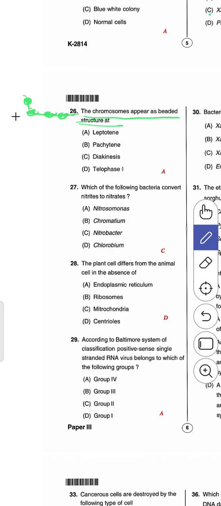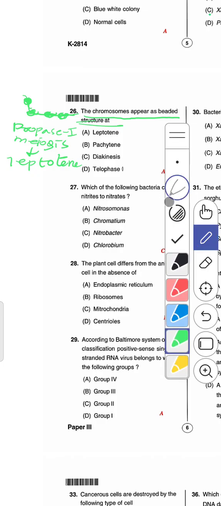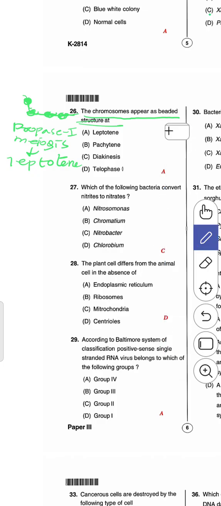So where you will see this kind of structure, that is during the prophase 1 of meiosis, in the leptotene stage. During this leptotene, we will come across a beads on string structure. So A is the right answer for this question. Leptotene is the right answer.